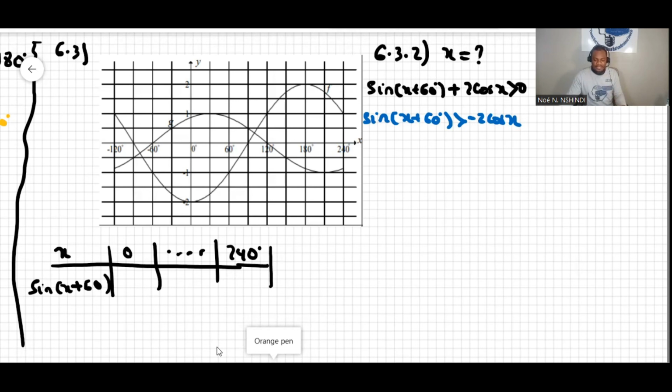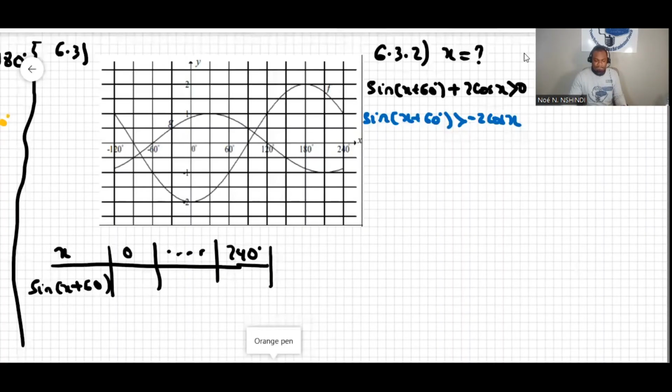Let me change the color here. The sine of x plus 60 degrees, this one. As you can notice, this function is greater than the other function only in these intervals, from there to there.